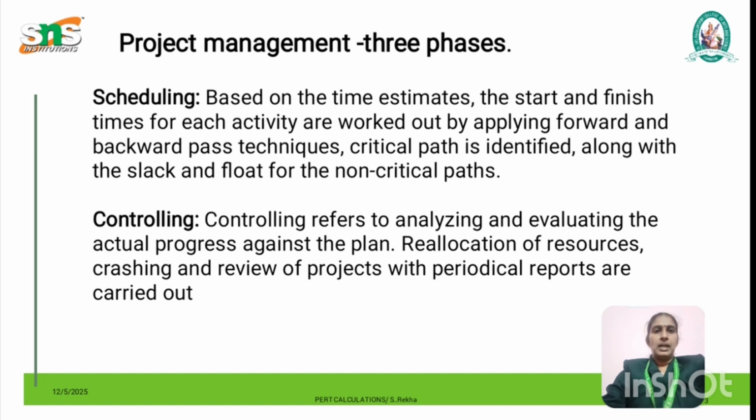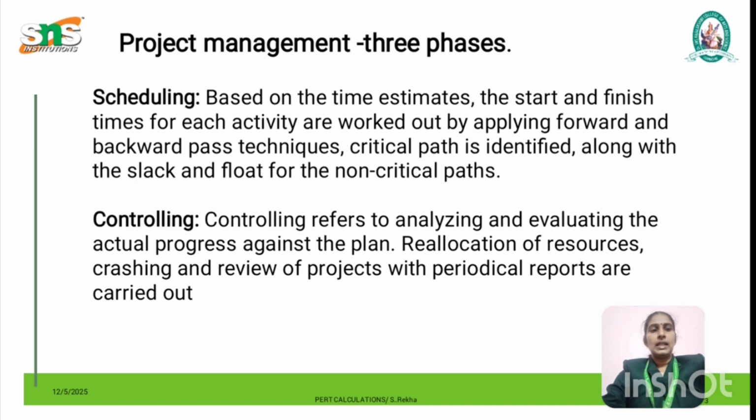Scheduling is nothing but, after planning the project management, to complete the project we have to schedule the time estimates. So we have to work out the three time estimates, T0, TM, TP. And based on the time estimates, we have to start the activity as well as finish the activity using the technique of forward pass as well as backward pass.